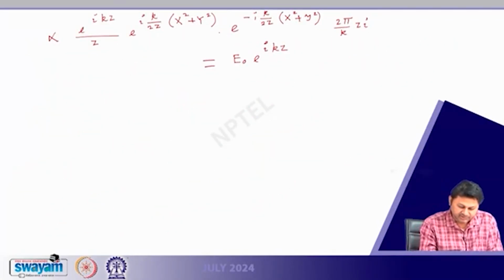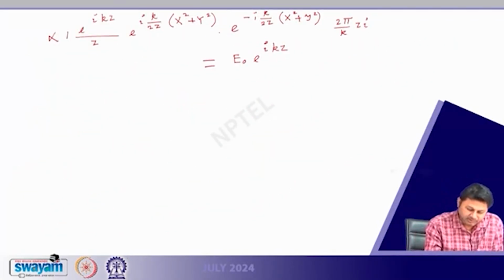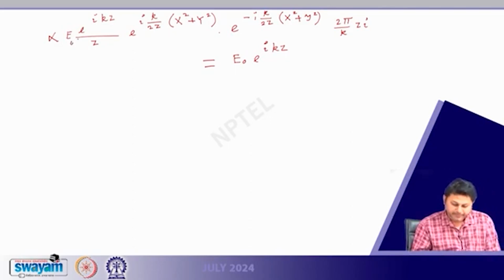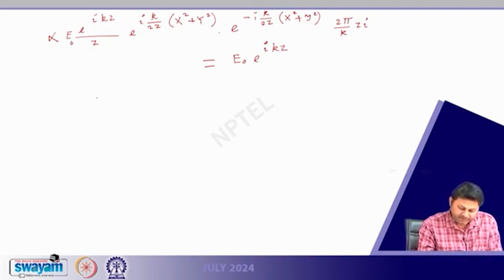So, essentially this is E naught here. So, what I get is alpha equal to, very interesting result, alpha equal to minus of, this term will go down. So, alpha is equal to minus of k of i divided by 2 pi.